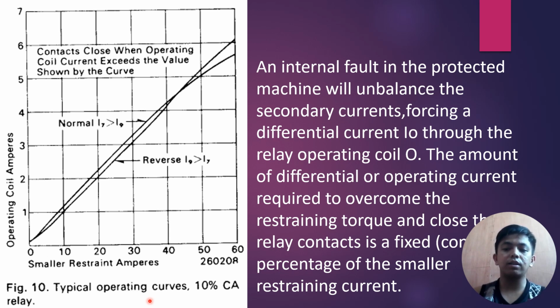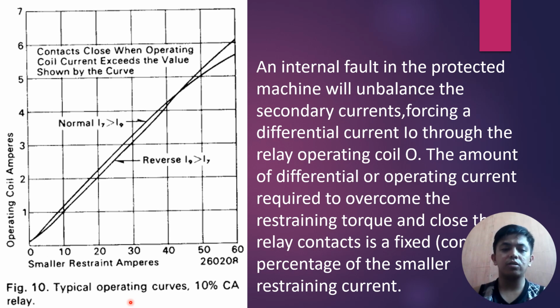For low fault current, if the restraining current is low, the operating current required to trip the relay is also low. But for a high fault current, as the restraining current increases due to higher external fault current, the operating current required also increases proportionally.